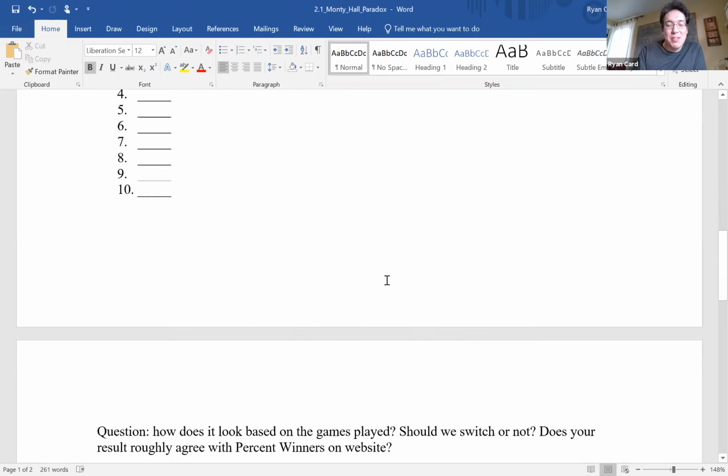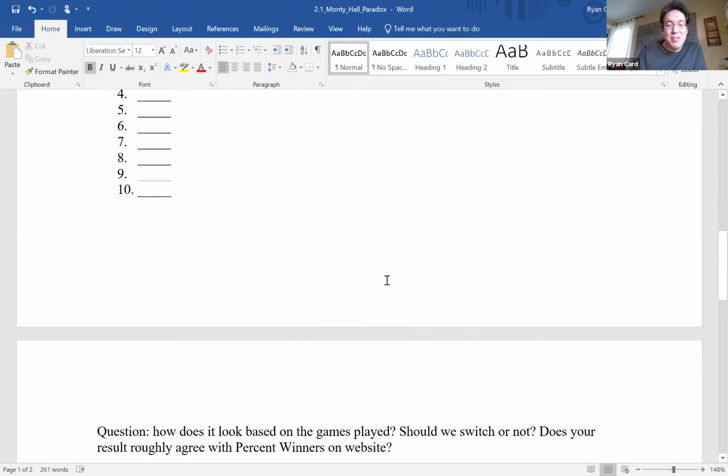So one way to do it is with a table. There's three choices: door one, door two, and door three.